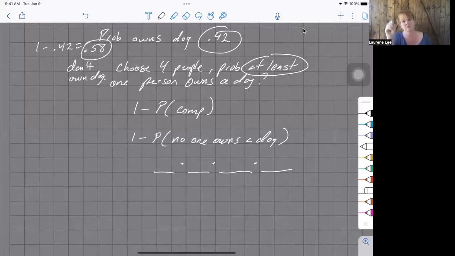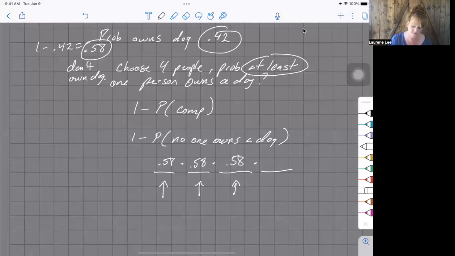So if 42% do, then 58% don't. Okay, so if I come down here, I say, what's the probability that I pick someone right here that doesn't own a dog? 0.58, right? What about this one? Doesn't own a dog? 0.58. Doesn't own a dog? 0.58, 0.58. And then my formula tells me, now this is the situation that I don't want to happen.